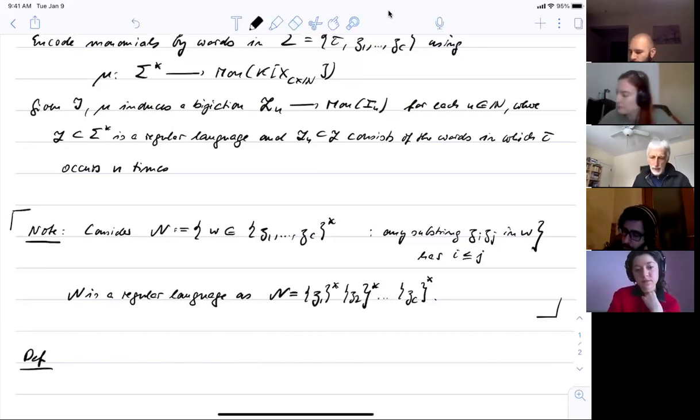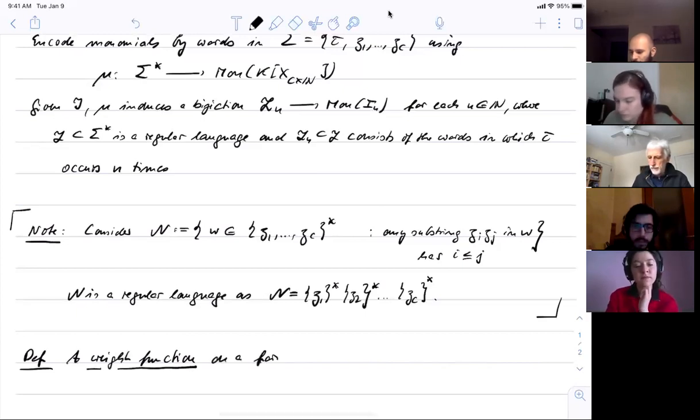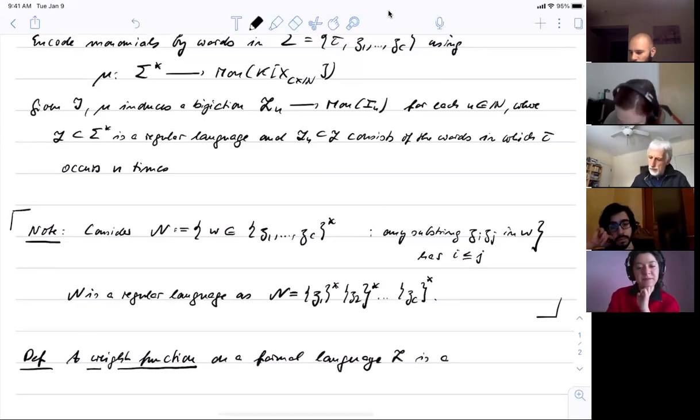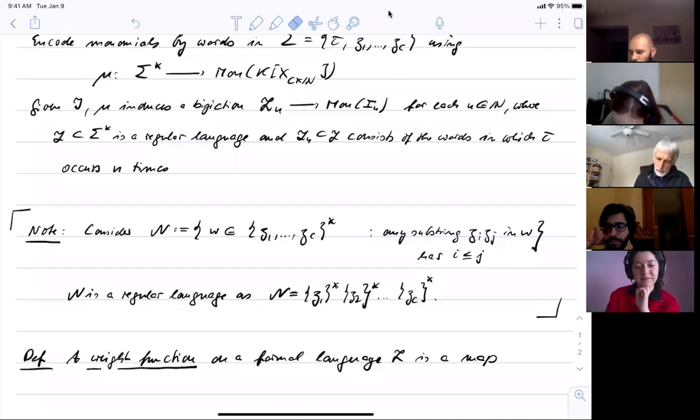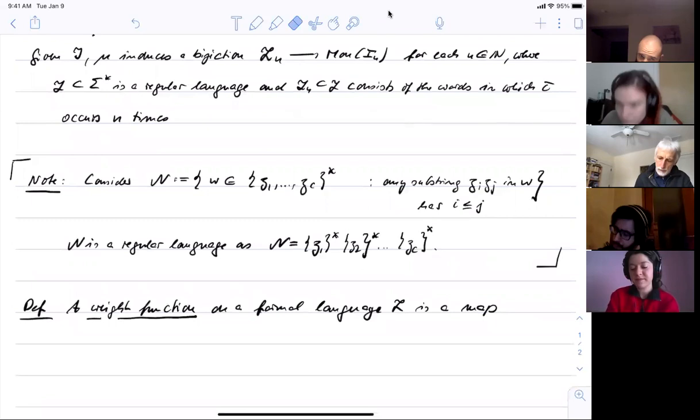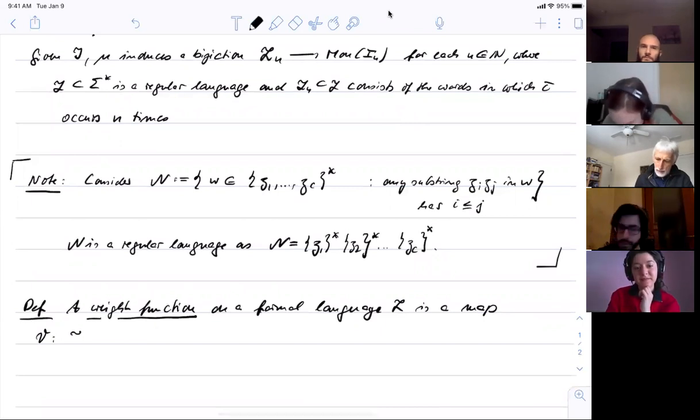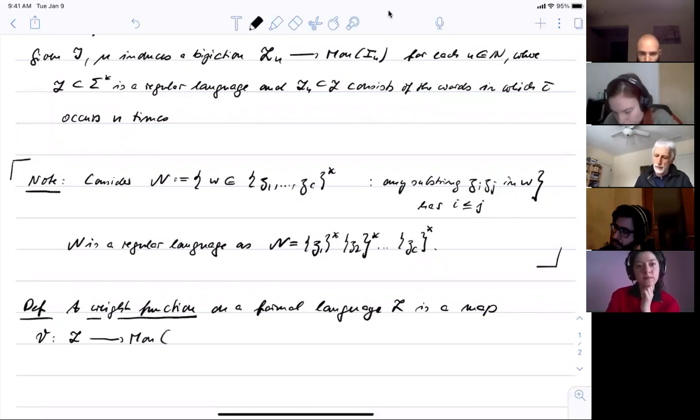Namely, we say a weight function on the formal language L is a map, let's call it v, from the language into some set of monomials in a polynomial ring.